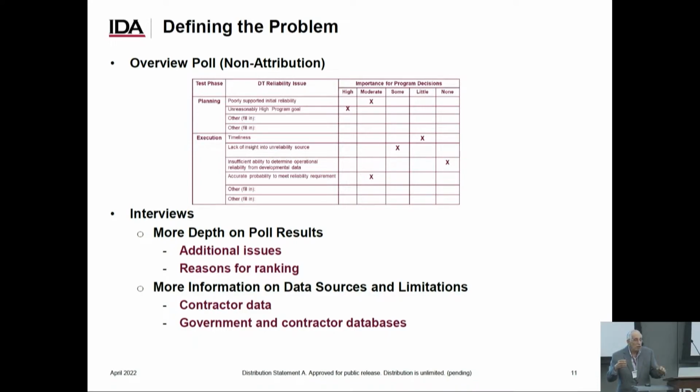What is it that you think are sore points that need to be improved? And I give a couple of examples in this notional chart here, which is one, unreasonably high goals for the program. And the reason they're high is because the way things are done now, they're very uncertain. And if you want to buy some insurance of meeting the requirement, you tell a contractor you have to do very well. So that's one example.